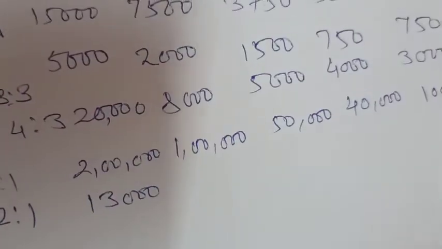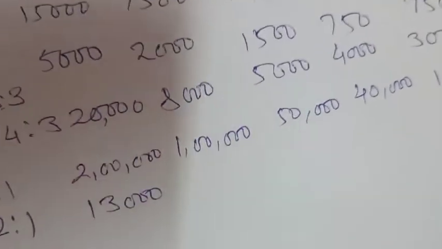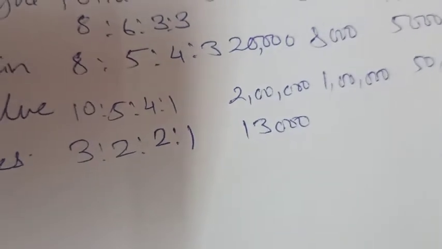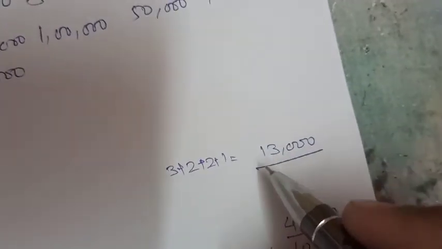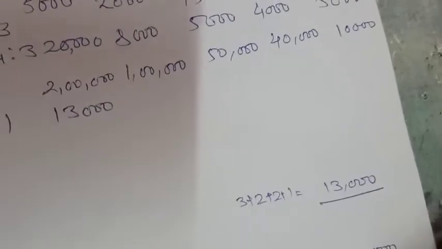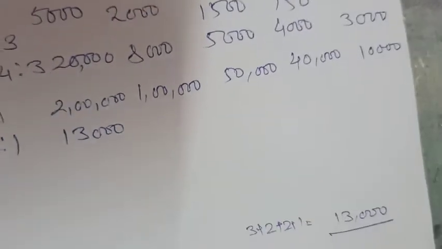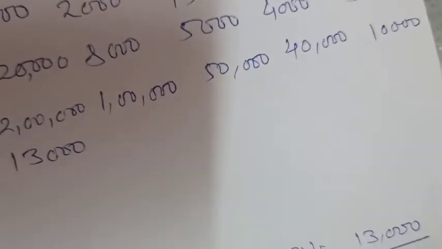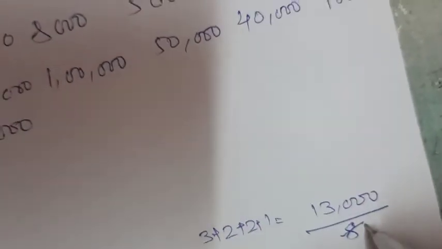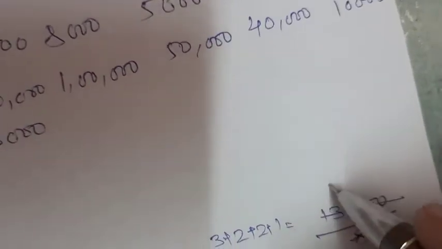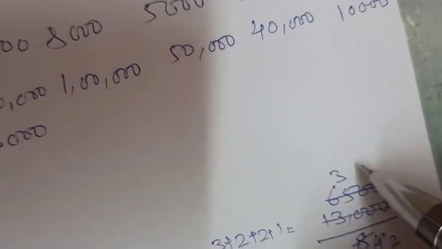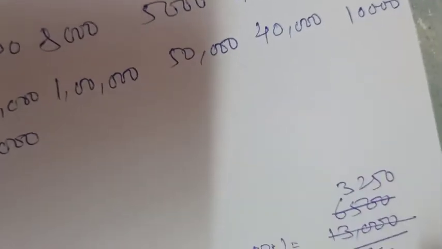So now 13,000 divided by 3 plus 2 plus 2 plus 1, that is 5 plus 2 plus 1 means 8. 13,000 divided by 8.